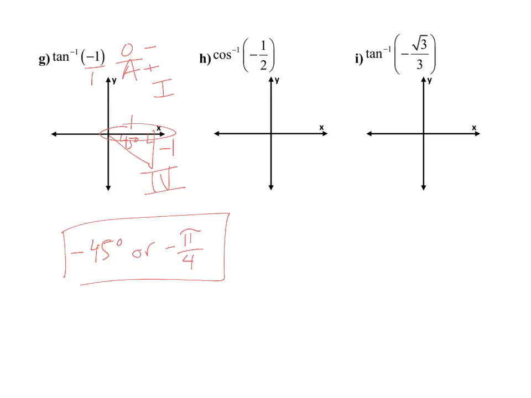For the next one, cosine. Cosine is adjacent over hypotenuse. Hypotenuse is positive, adjacent is negative. For cosine, we're only working in quadrants 1 and 2. Now adjacent's negative, that means we're in quadrant 2. Let's make a triangle. I have -1, and the hypotenuse is 2. So that would make this square root of 3 over here.